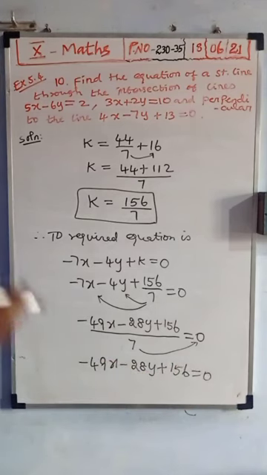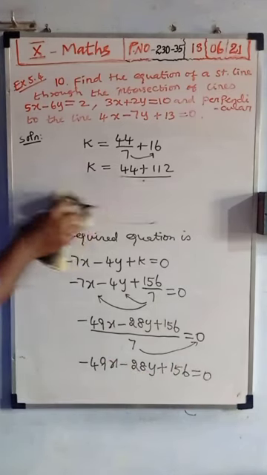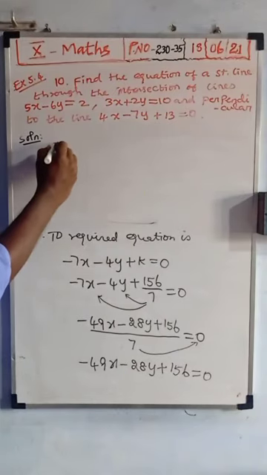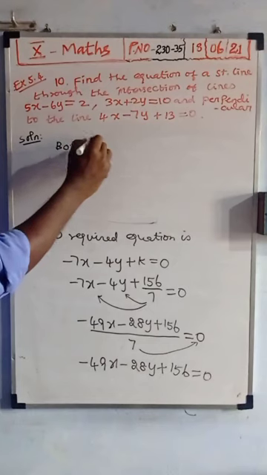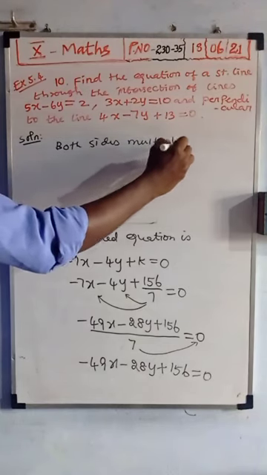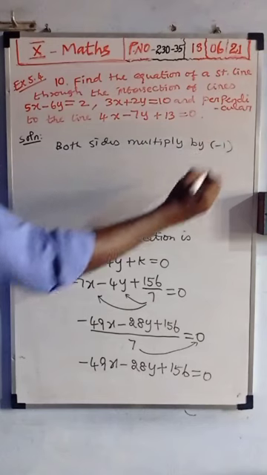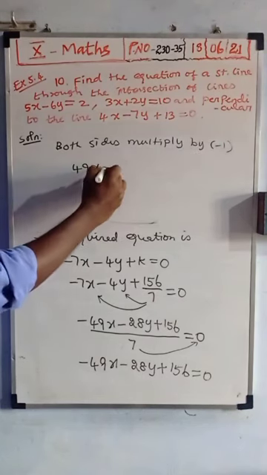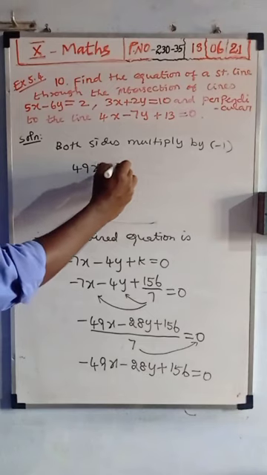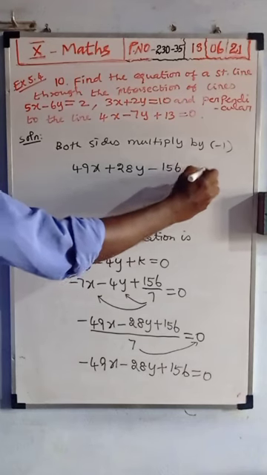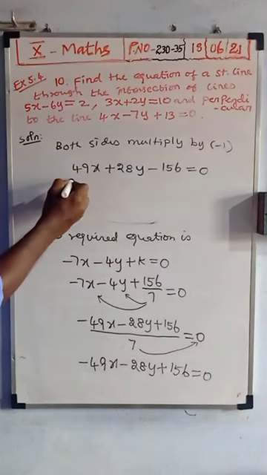But we always want the x term to be positive, therefore multiply both sides by minus 1. Multiplying by minus 1, 49x, minus 28y changes into plus 28y, minus 156 is equal to 0. 0 into anything is 0 only.